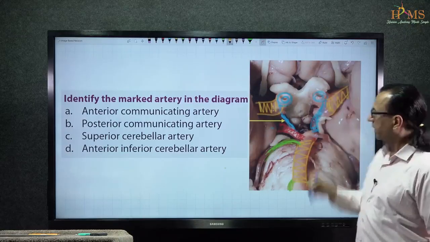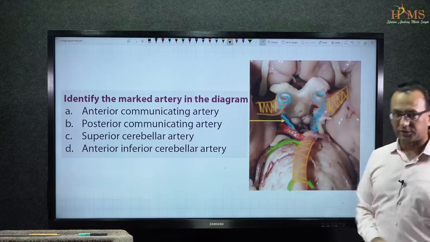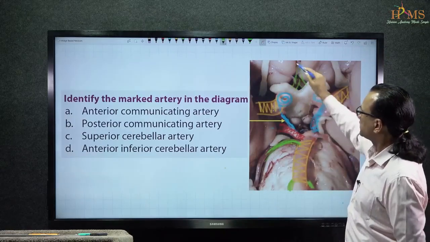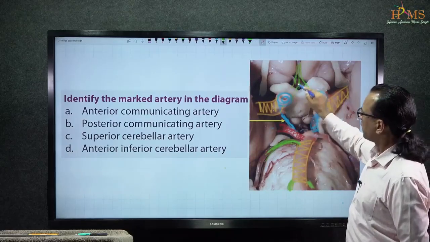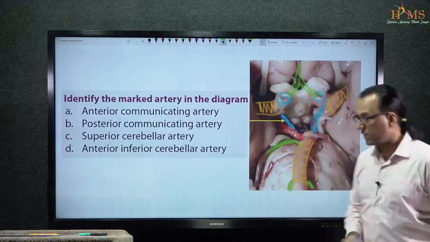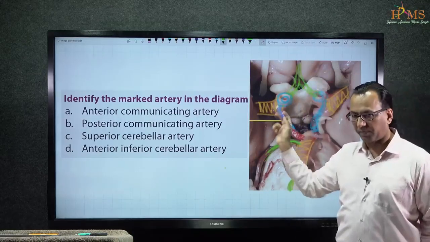The internal carotid artery is also giving the anterior cerebral artery, which can be seen now. Here you see these are the anterior cerebral arteries which have come from the internal carotid artery, and they are going towards the anterior aspect of the cerebrum there. The major artery to the medial cerebrum is the anterior cerebral artery.